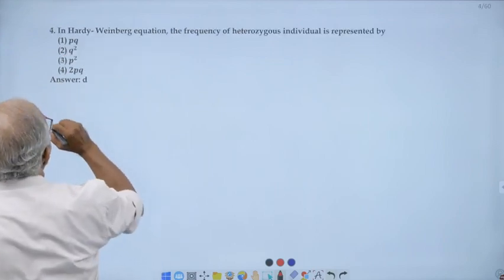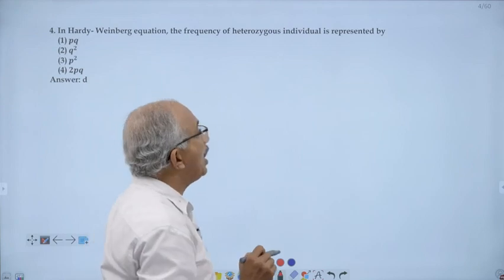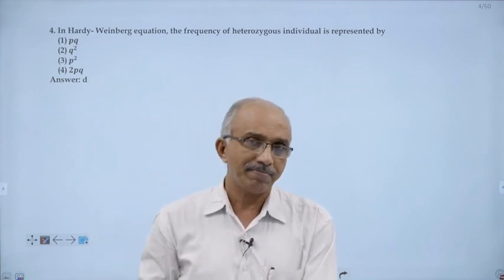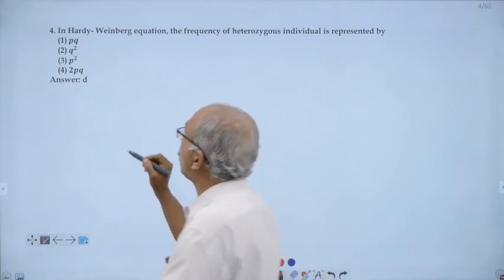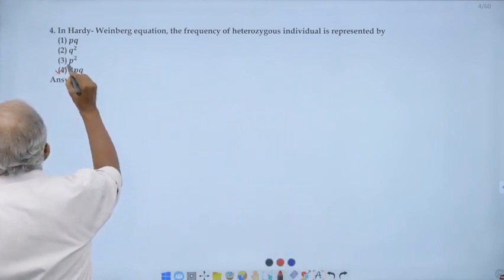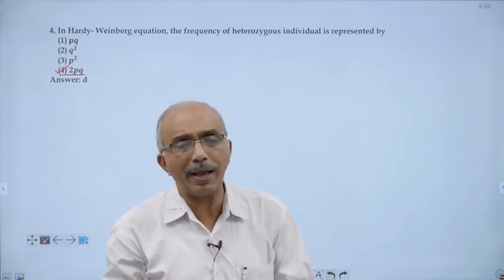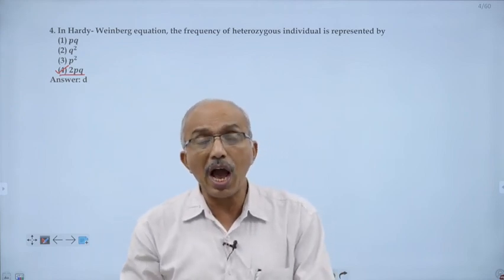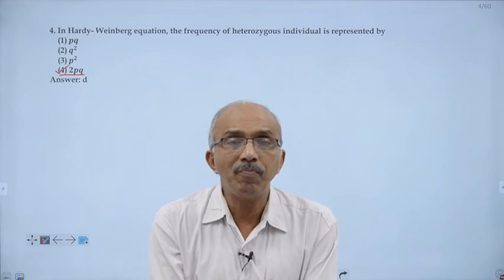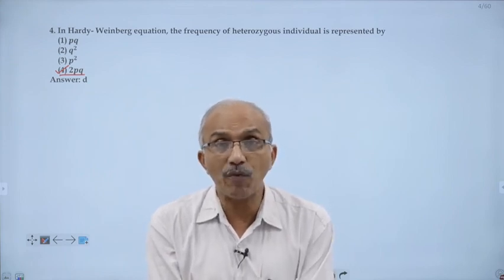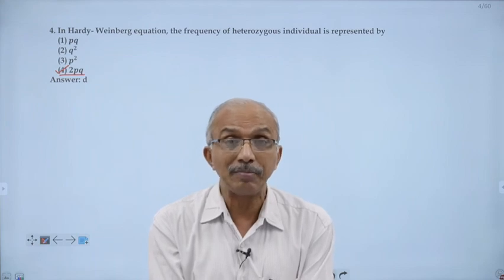In the Hardy-Weinberg equation, the frequency of heterozygous individuals is 2pq. What is Hardy-Weinberg equilibrium?